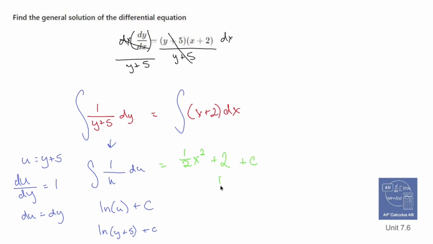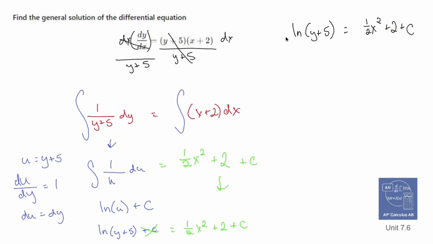So let's bring all that down, and we're left with this. Now I have to get y all by itself. This is going to be disgusting. I don't need both of these plus c's, so let's get rid of the plus c on the left. And that leaves me with ln of y plus 5 equals 1/2 x squared plus 2x plus c.